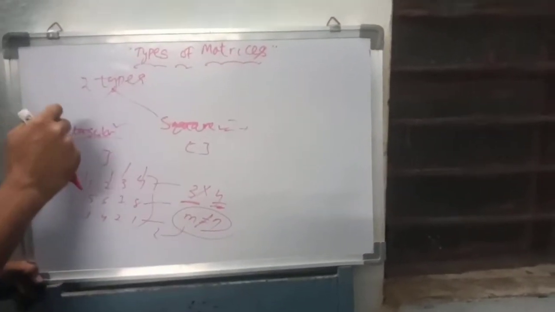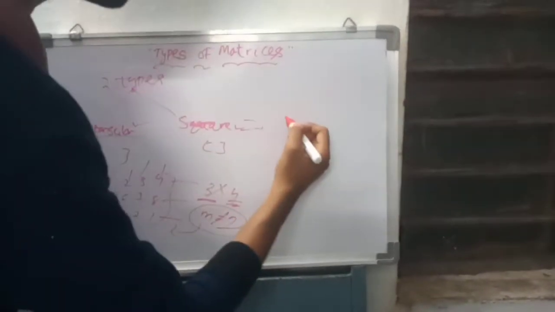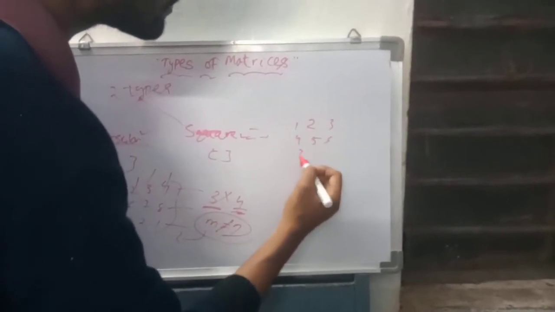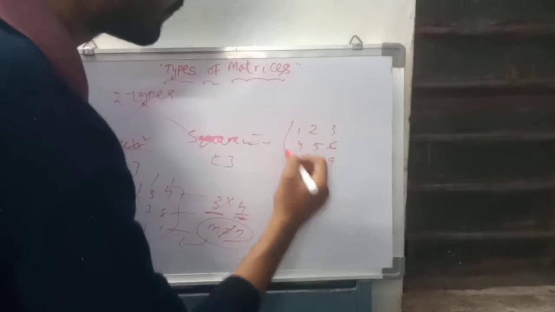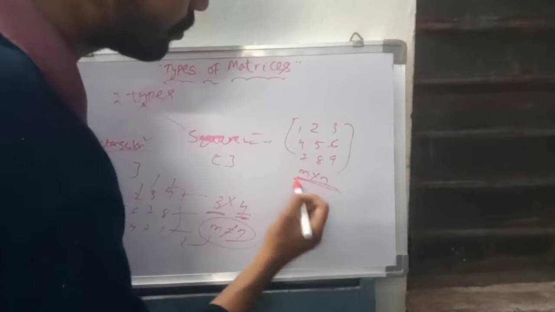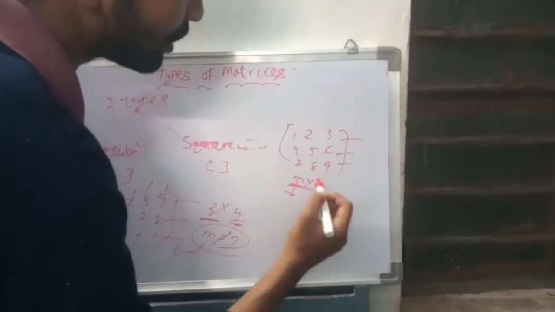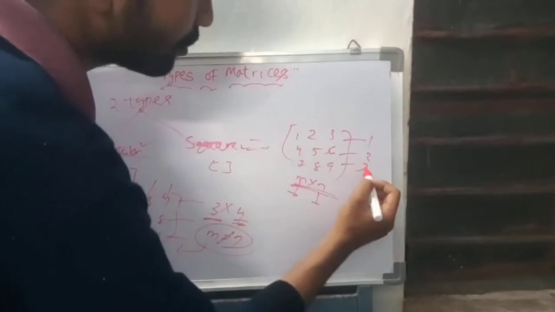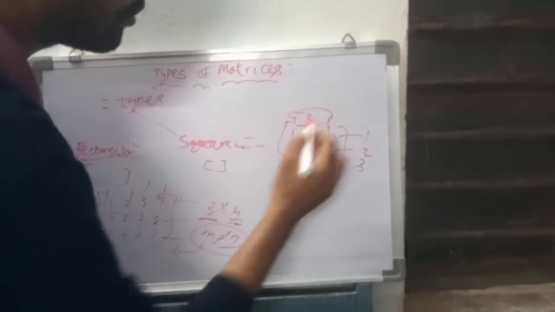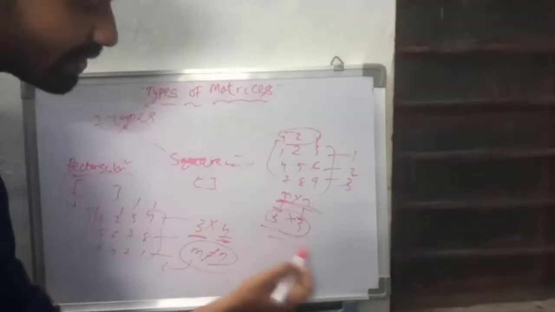What is a square matrix? It is square shaped, as I told before. Let's take an example: 1 2 3, 4 5 6, 7 8 9. First we have to know how many rows and columns are present. 1 2 3, so there are 3 rows, and 1 2 3, there are 3 columns. So the order is a 3 by 3 matrix.